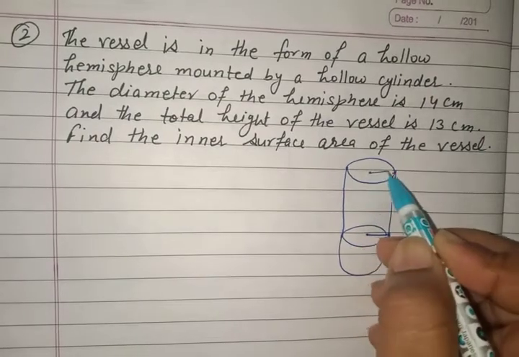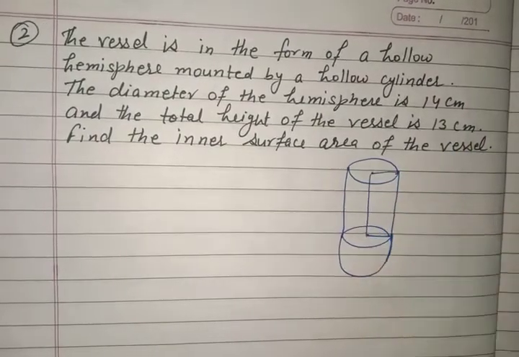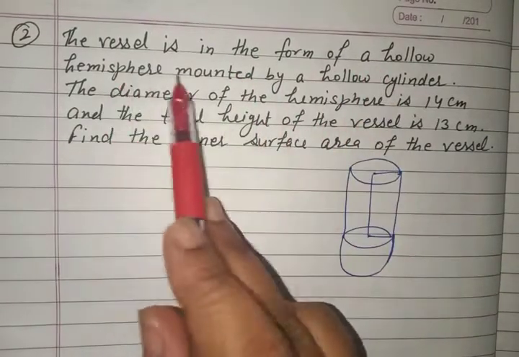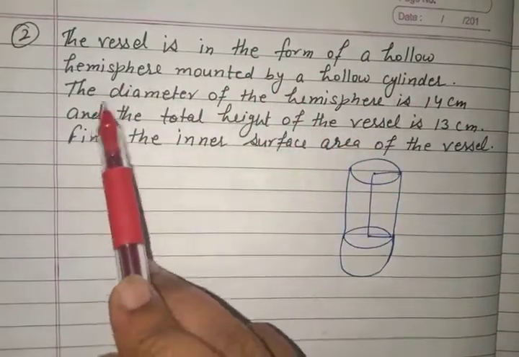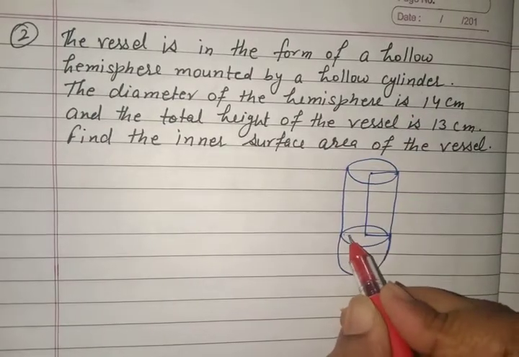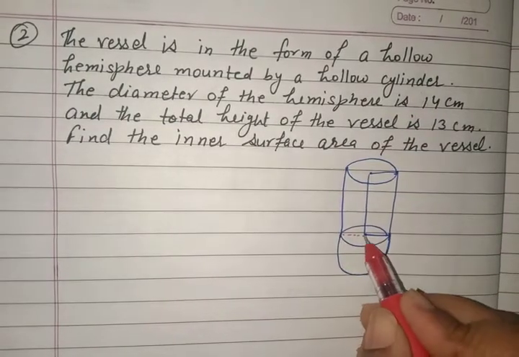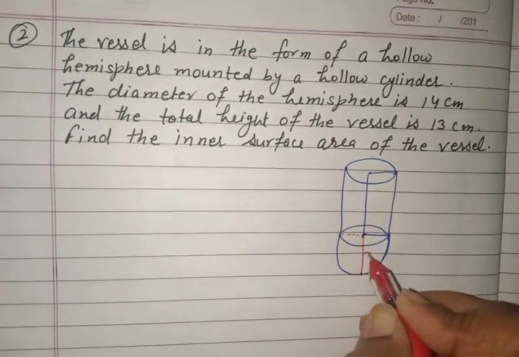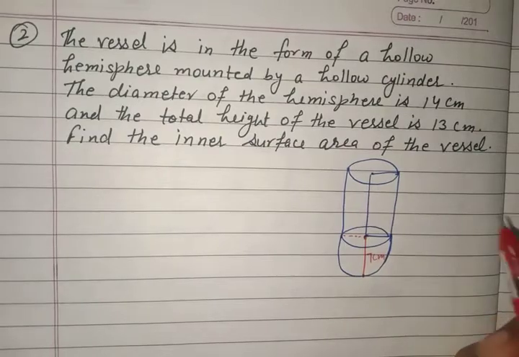This is the cylinder which is mounted on it. The diameter of the hemisphere is 14. If this thing is 14, then its radius is 7. So this part from here till here is 7 centimeter.